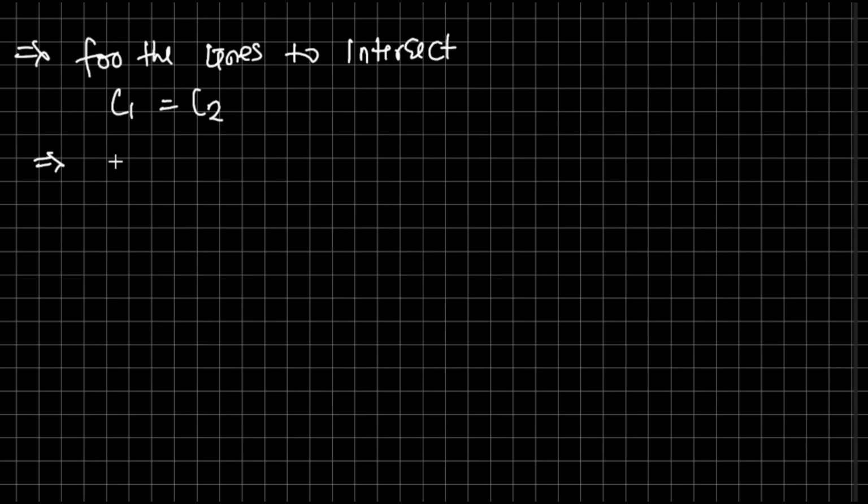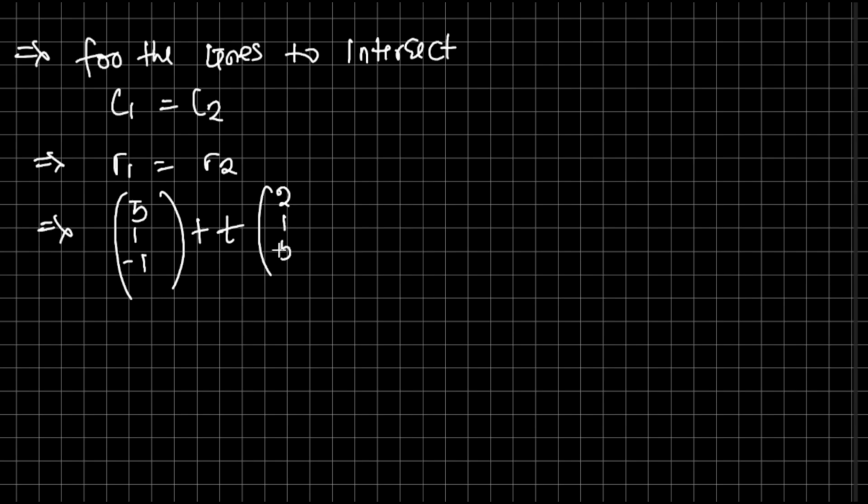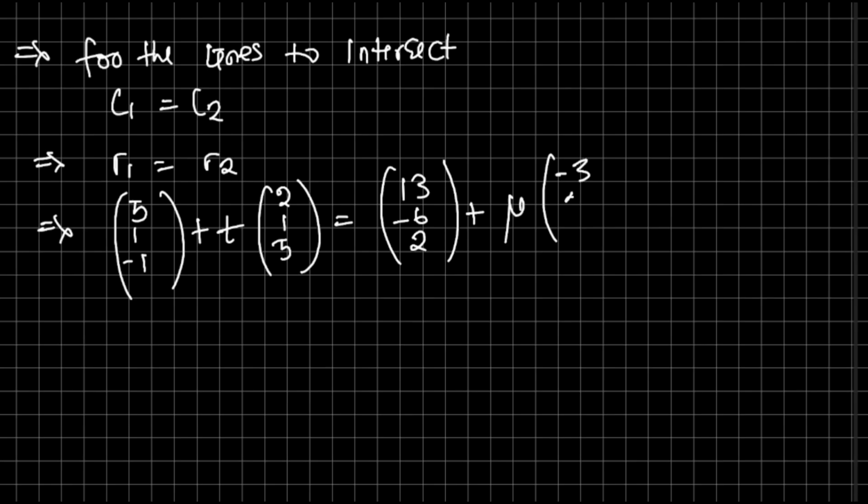So solving for A, for the line to intersect, L1 must be equal to L2, which implies that R1 must be equal to R2, which implies that the vector (5, 1, -1) + t(2, 1, 5) must be equal to (13, -6, 2) + mu(-3, 4, 1).